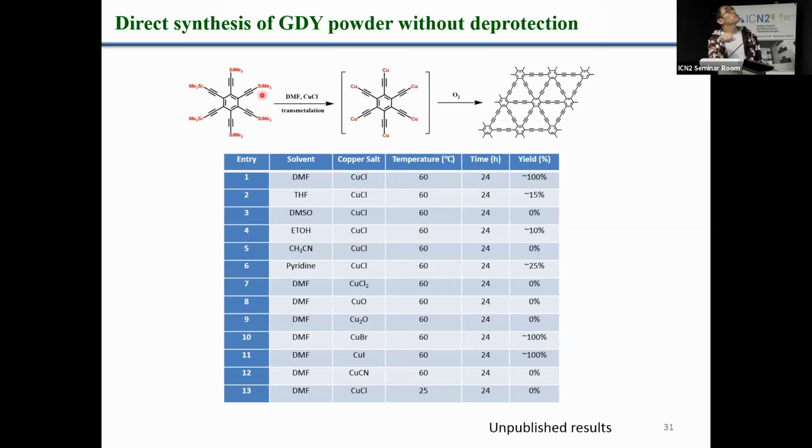We can start from HEB-TMS, put it in DMF, add copper chloride, and it can synthesize the graphene powder. We can see nearly 100% yield. We also screened different solvents and different catalysts, and we found that chloride, bromine, and iodine are better. So here we select copper chloride as the catalyst for the direct synthesis of graphene.